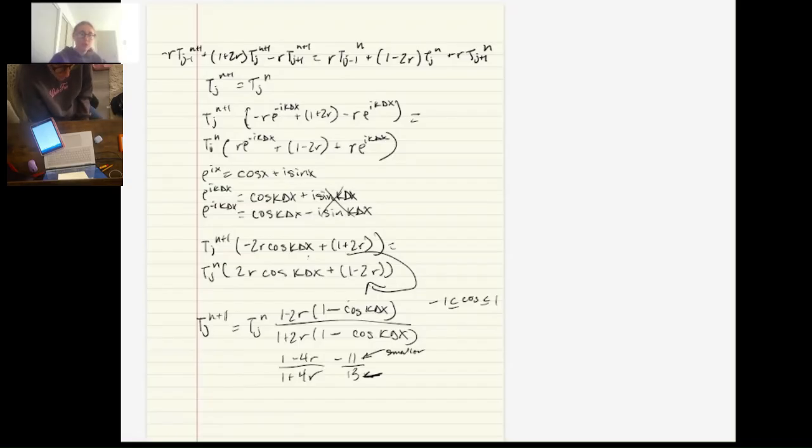Whatever the value of r is, the numerator will always be less than the denominator, so it will never approach infinity.